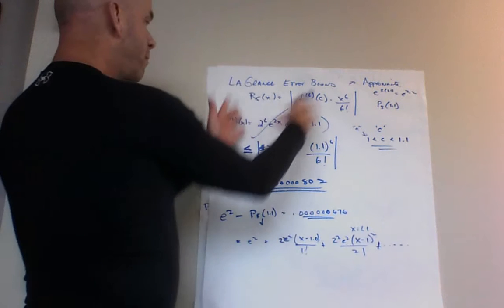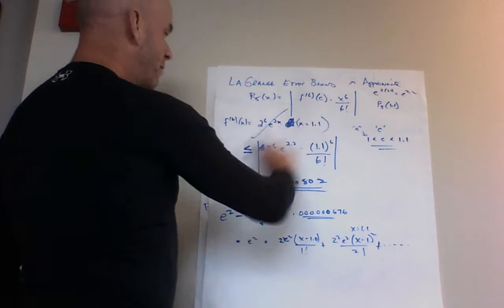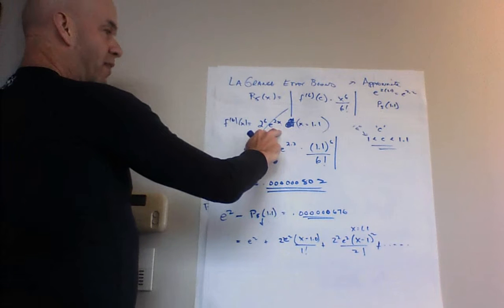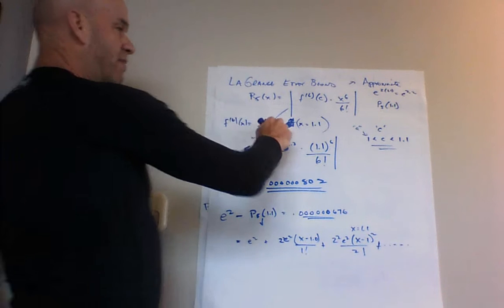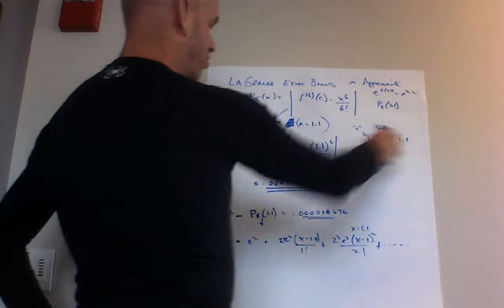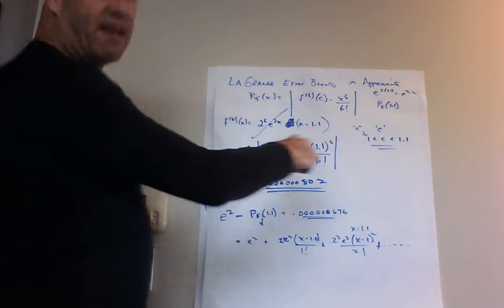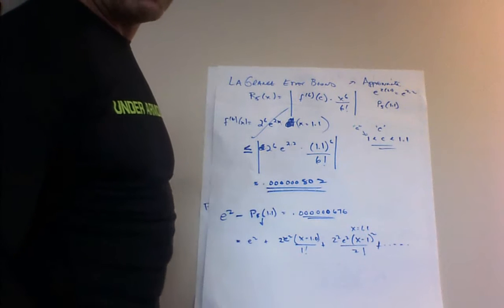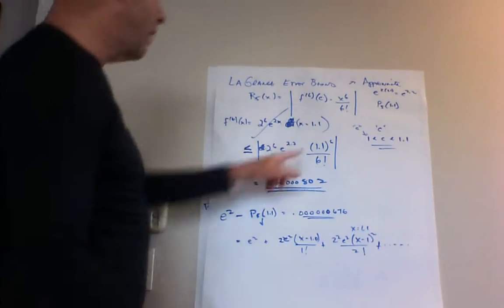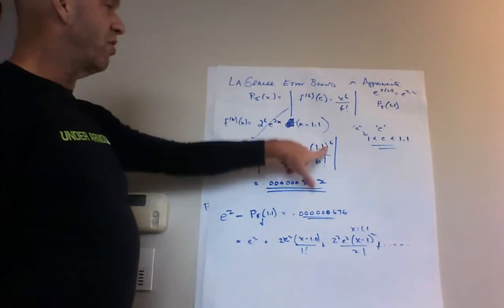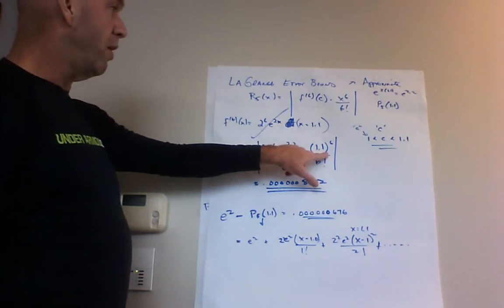So I want to bound this error, so where's the maximum of this on that range? e to the 2x is an increasing function, so I'm going to choose here. So it's 2 to the 6th, e to the 2.2. You're just about done. Then my x value is just where I'm evaluating it, 1.1.